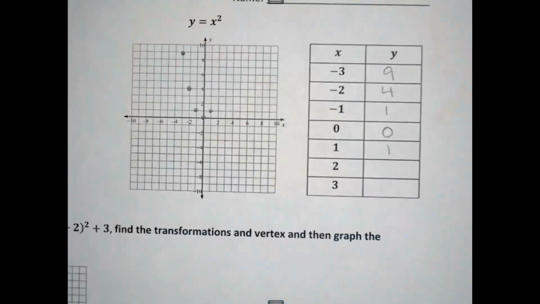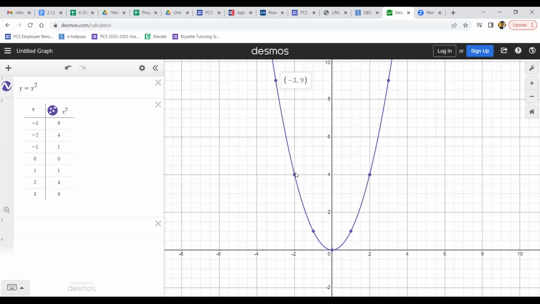So I'm just pulling these values straight off of Desmos. Well, I guess these don't want to stay. There we go. Okay. So we got 1, 1, 2, 4, and 3, 9.